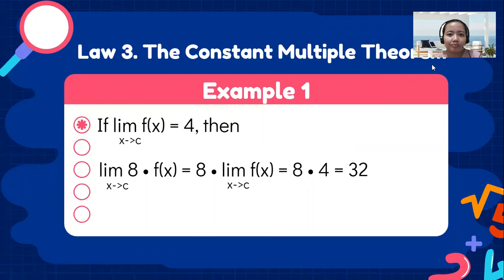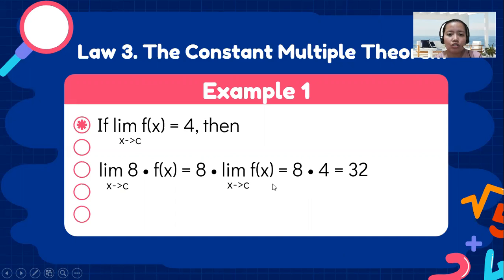Example number 1. If the limit of f of x as x approaches c is equal to 4, then the limit of 8 times the function of x as x approaches c is equal to 8 times the limit of f of x as x approaches c.